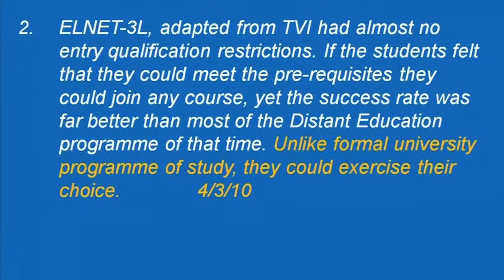This is what it should be in the education system. I should be able to take a course which I think is good for me, which I think I can handle, and in reality I find that I can handle very well indeed. So this is an open entry system, which is a characteristic of distance education programs.